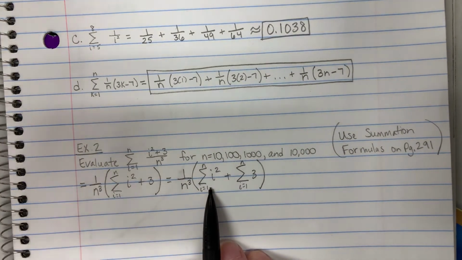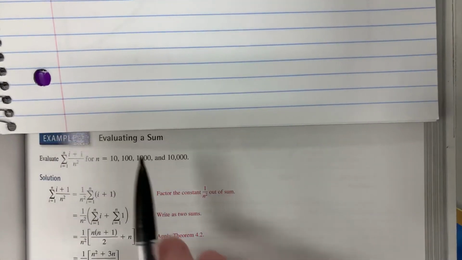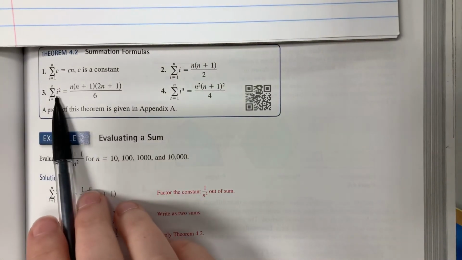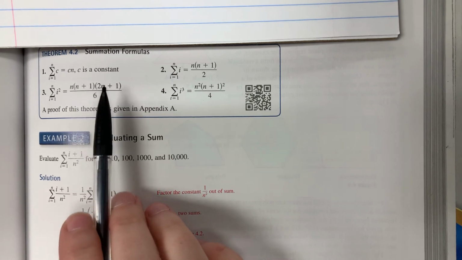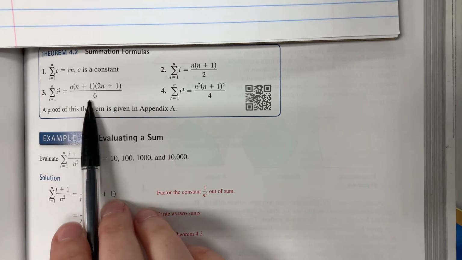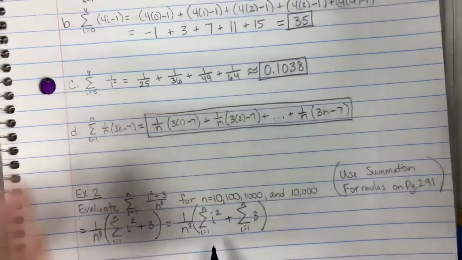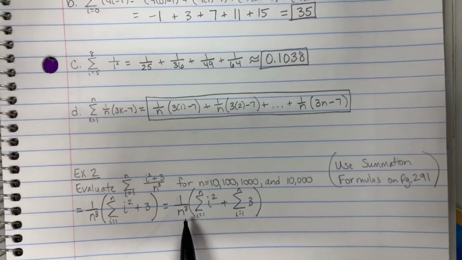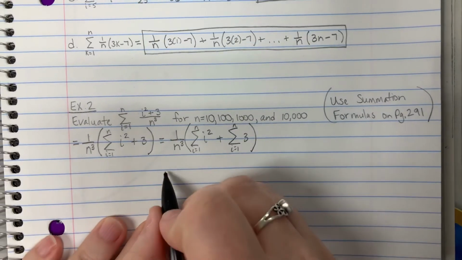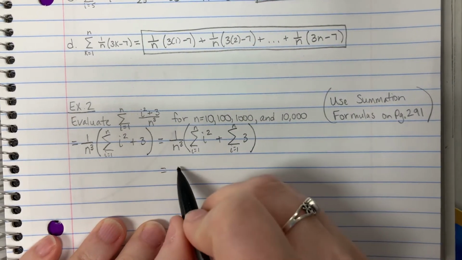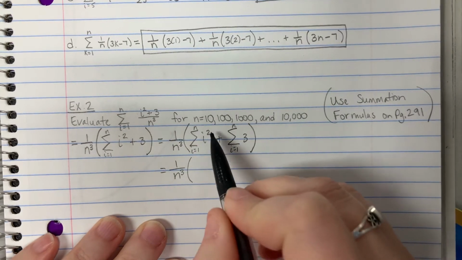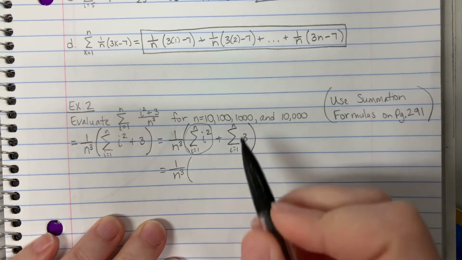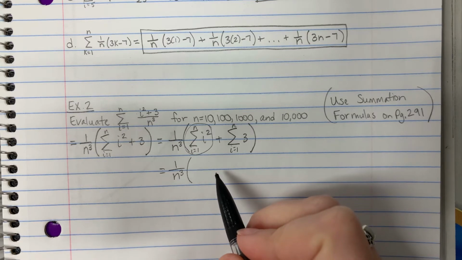Now I can go back and look at my rules over here. So over here they told me that I squared looks like this. N times n plus 1 times 2n plus 1 all over 6. So I'm going to rewrite this one right here. Get it where you can see it. So I'm going to rewrite this as I've got a 1 over n cubed still up front. And then this piece right here is really that formula that I just looked at.